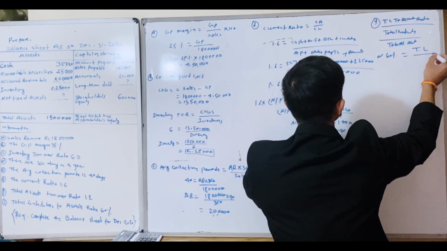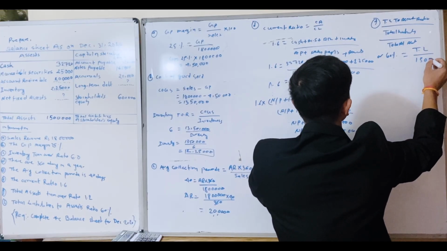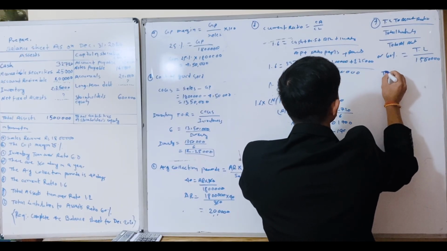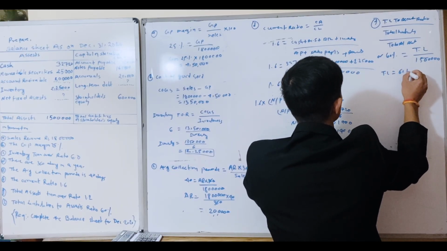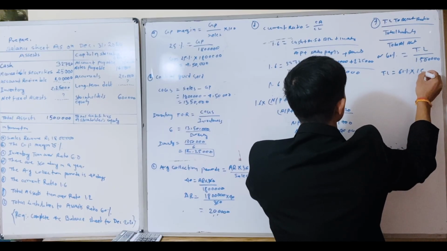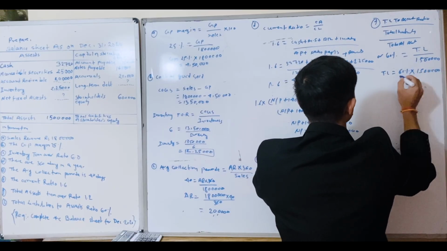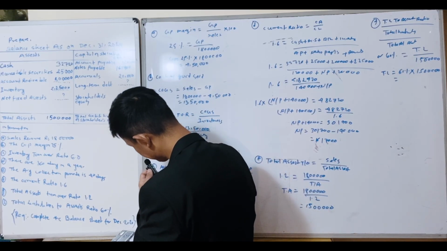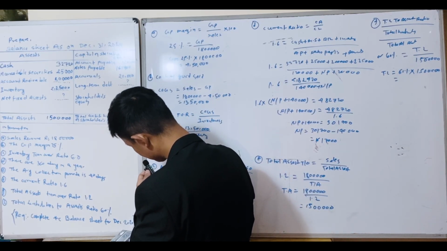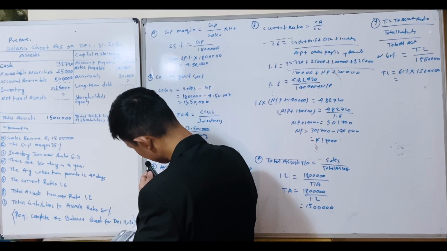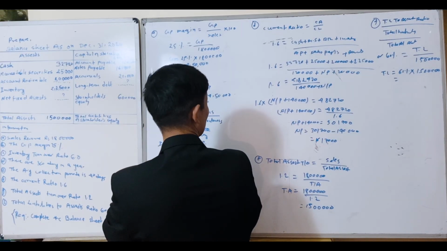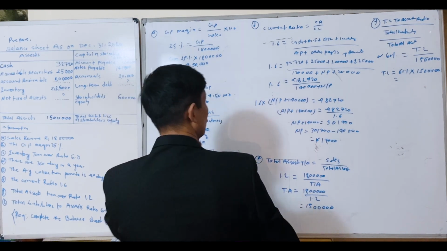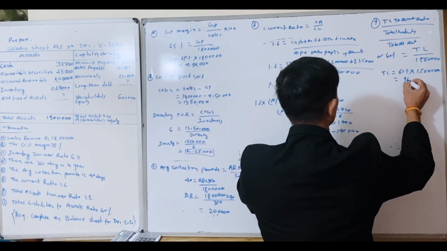We don't know total assets. We know 15 lakh. We just calculated. So total liabilities here is 60% multiplied by 15 lakh. We get 9 lakh.